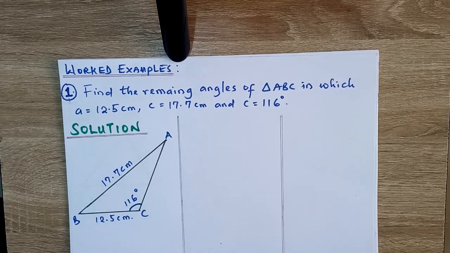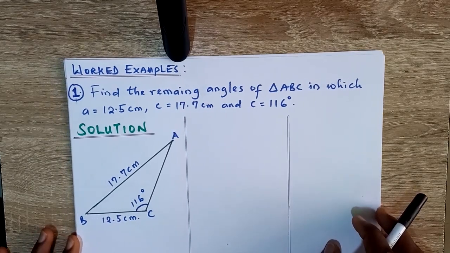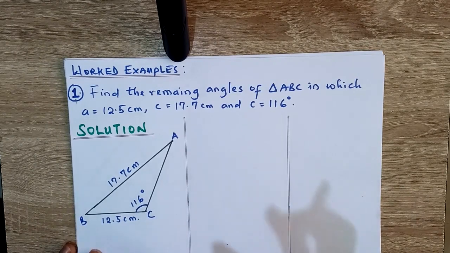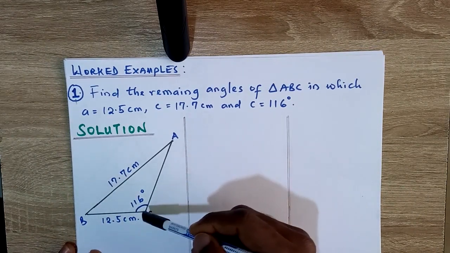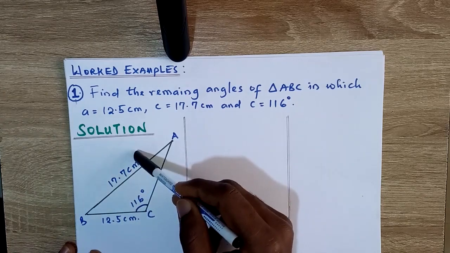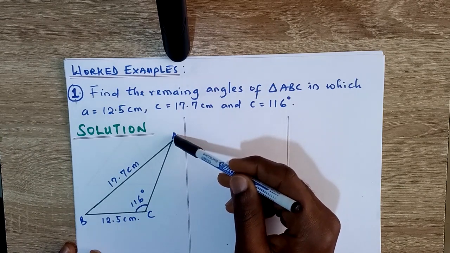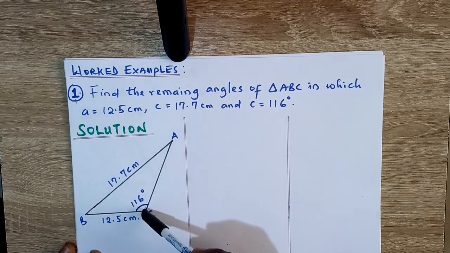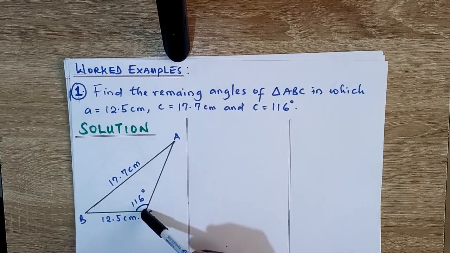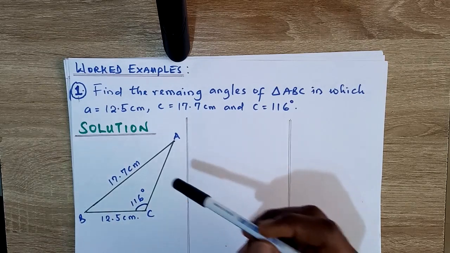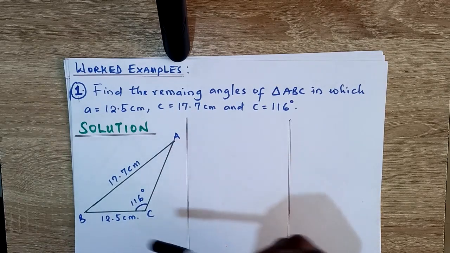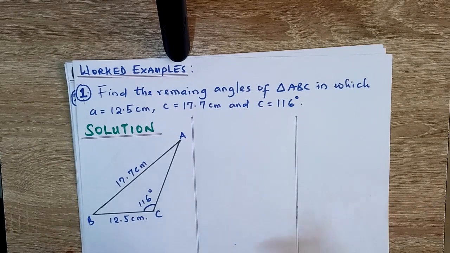So you remember we have to use the ratio of two sides to two angles. So here we have angle C, and the side c is given. We have angle A unknown, while the side a is known. So that means our sine rule will be written in terms of A and C. Let's write the rule first.